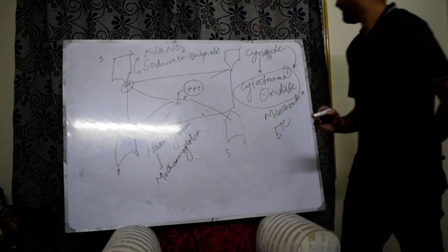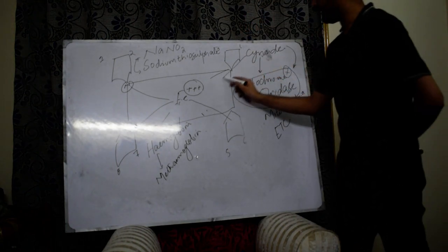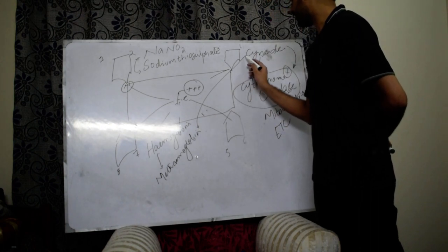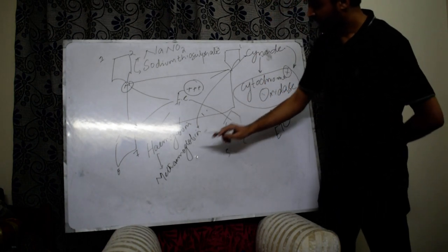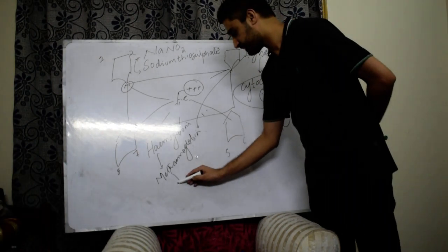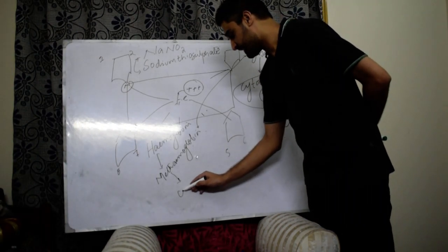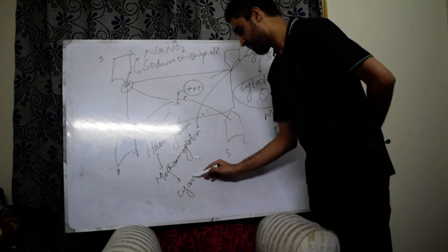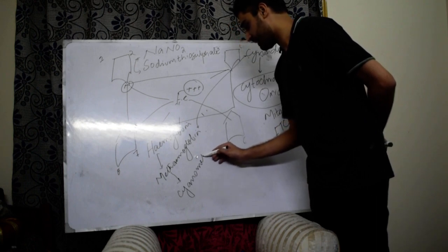Methemoglobin is the favorite site for cyanide to attach. So methemoglobin attaches itself to the cyanide and forms cyanomethemoglobin.